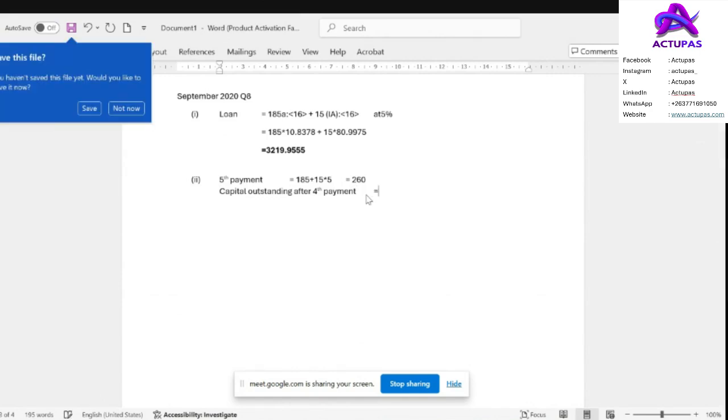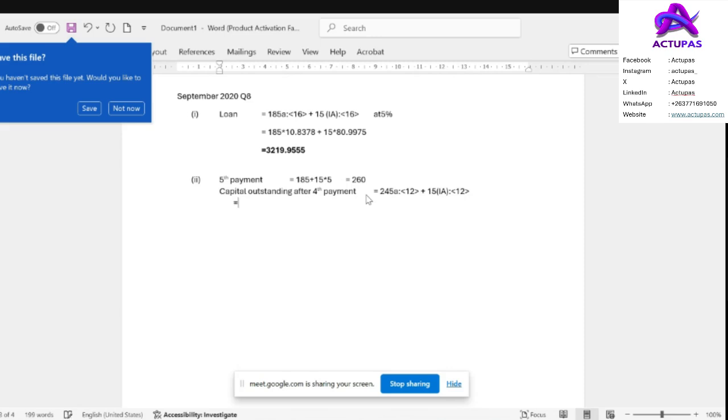This will then be equal to 245 a12, since 260 minus 15 is 245. The installments left will be 12. This would be a12, plus your 15 (Ia)12.